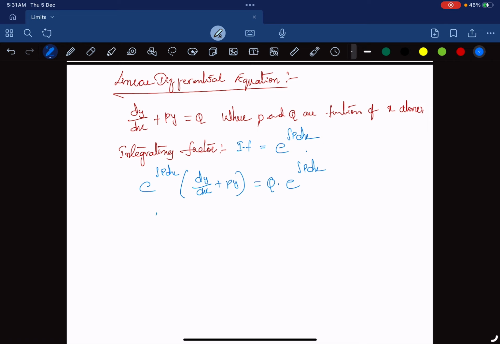From this, dy by dx into e power integral of p dx plus py e power integral of p dx is equal to q into e power integral of p dx.